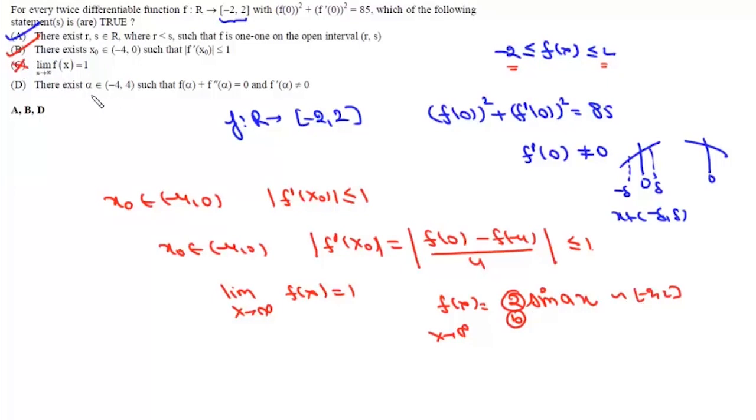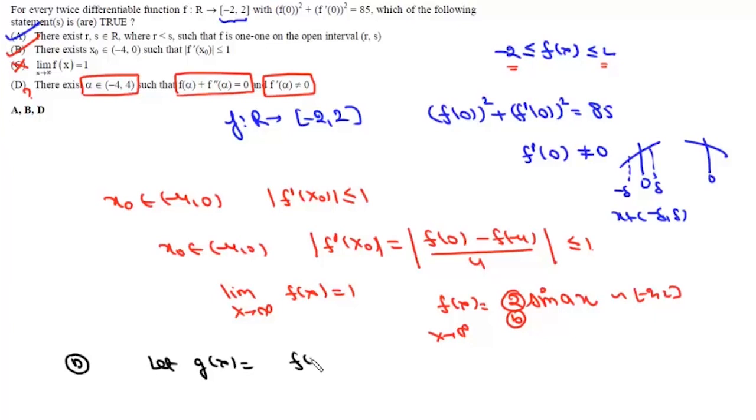Now this D is, there exists alpha in minus 4 to 4 such that f(alpha) plus f double dash alpha is 0 and f dash alpha is unequal to 0. Now this option, it is the trickiest one. For this fourth one, we'll assume a function g(x) and we let this g(x) as f(x) square plus f dash x square.